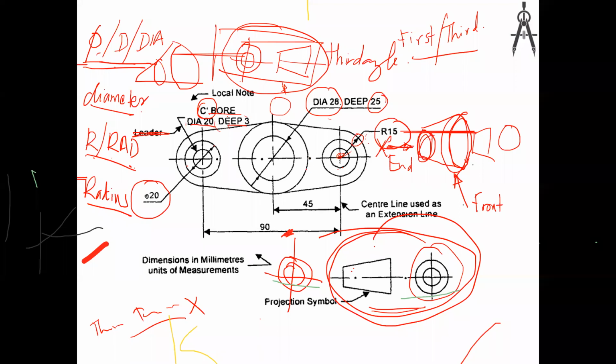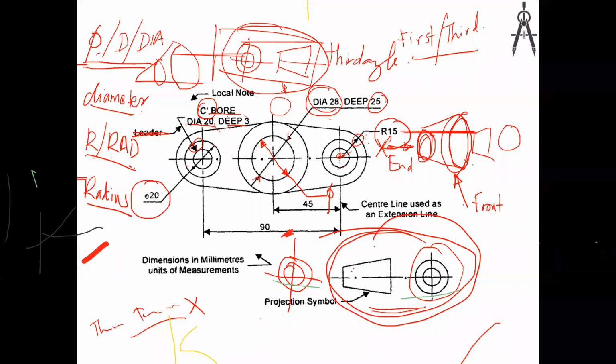Radius you can give from the outside also. Here the diameter is given from the outside. In this diameter also you can give a line and inside arrow. You can give with the inside arrow, or you can give with the outside arrow.